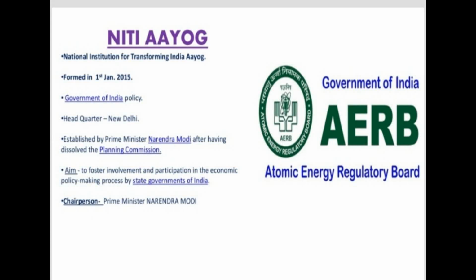Niti here means National Institution for Transforming India. This organization works to transform India into a progressive nation. It generally works under the government of India. Its headquarters is at New Delhi, and the Prime Minister acts as chairman by default, and there will be a vice chairman who will be a civil servant of the government.